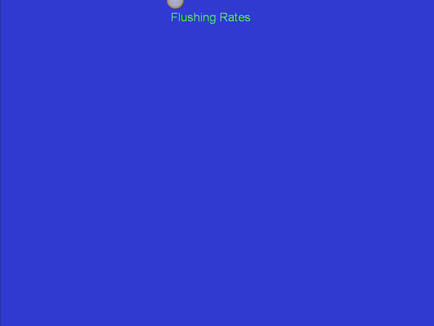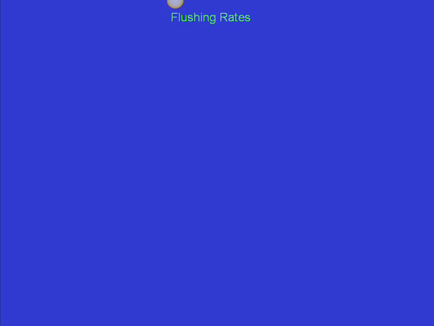But before we get there, let's talk briefly about flushing rate. What would you think is the difference between flushing rate and flushing time? What's the difference between time and rate? So time involves time, but rate involves a change with respect to time, right?